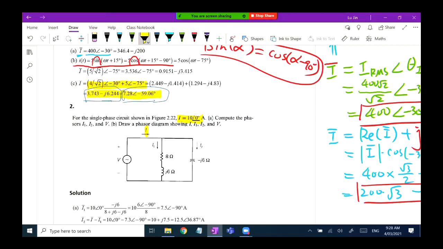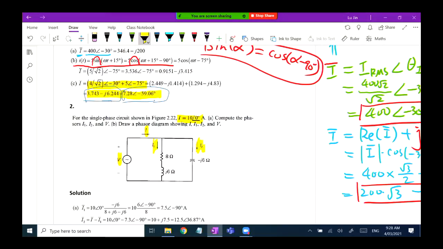Voltage V is the voltage across the voltage source. I1, I2 are the sub currents going through these two sub branches. This is the whole story. So let's have a look at the solution. Actually, this is a very simple circuit analysis. You can use whatever way you want to finish your calculation, like KCL, KVL, mesh analysis, up to you.